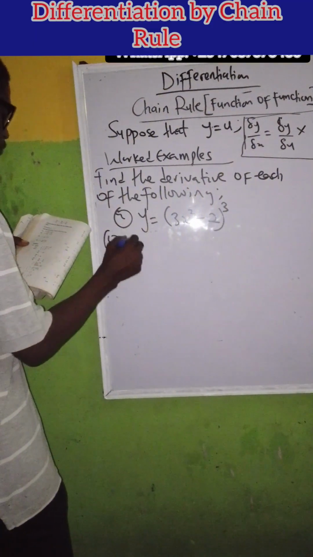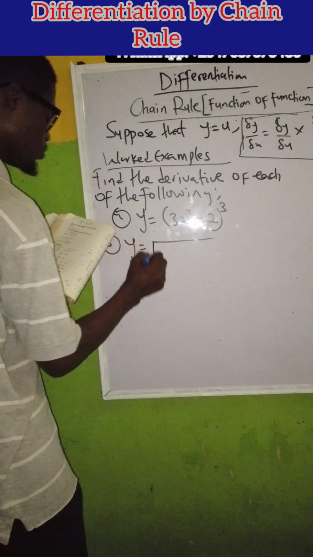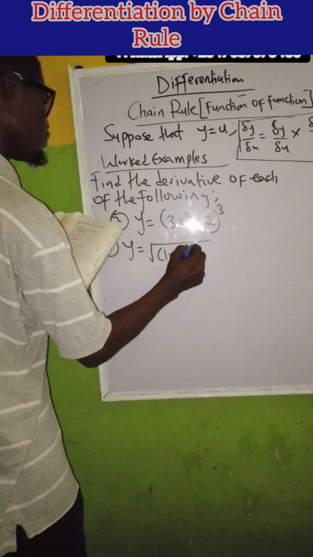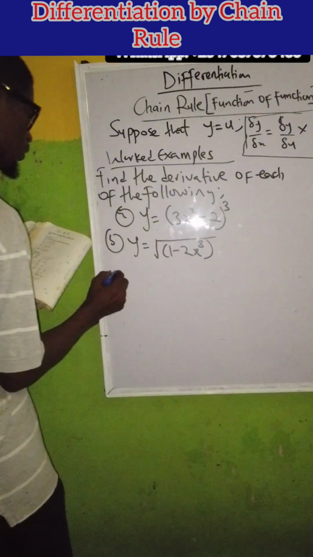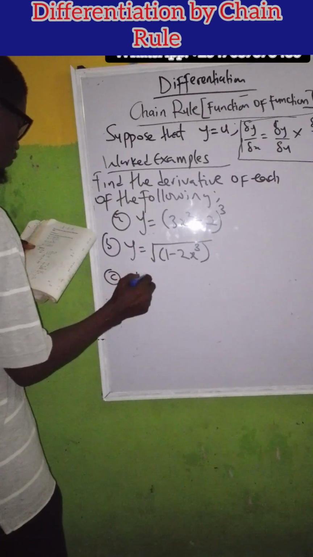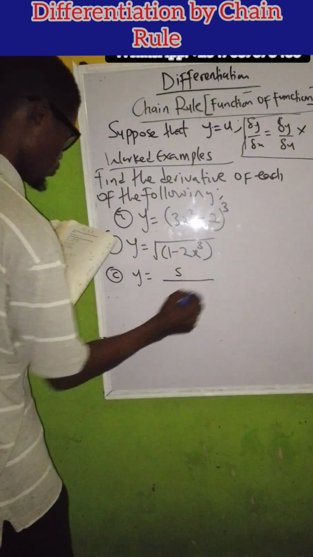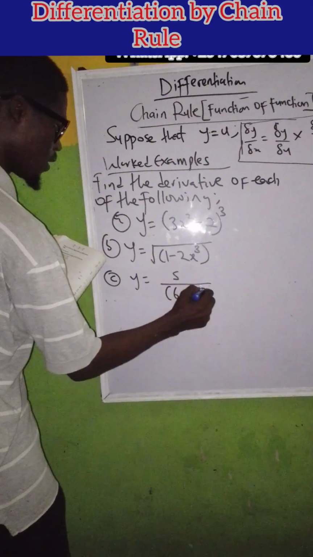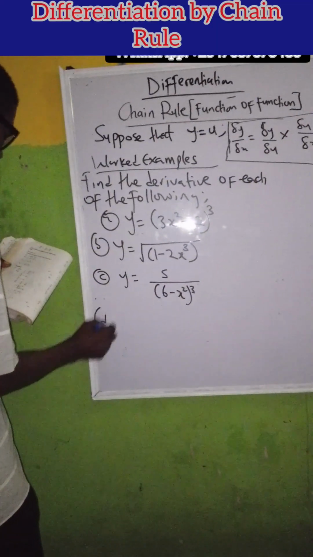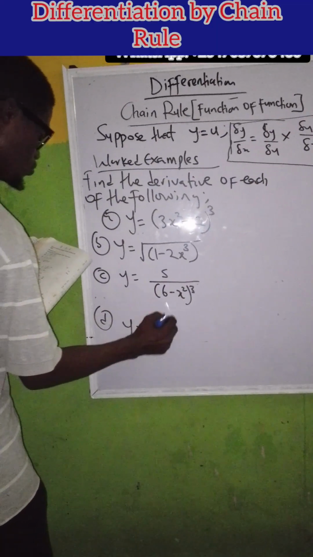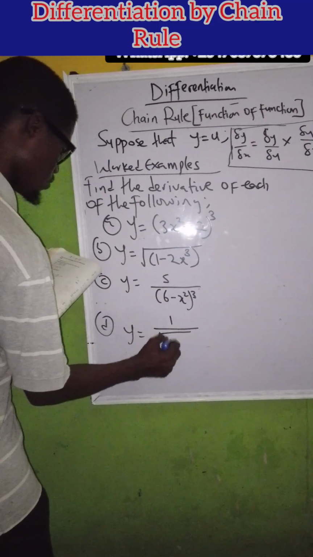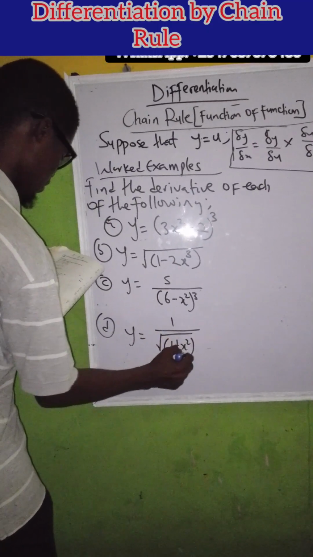The second one, we have y equals square root of (1 minus 2x) raised to power 3. And the third one, we have y equals 5 over (6 minus x squared) raised to power 3. And we have y equals 1 over square root of (1 plus s squared).